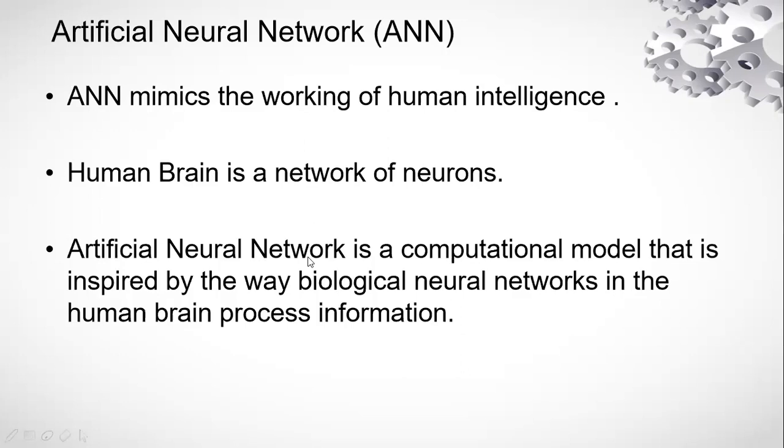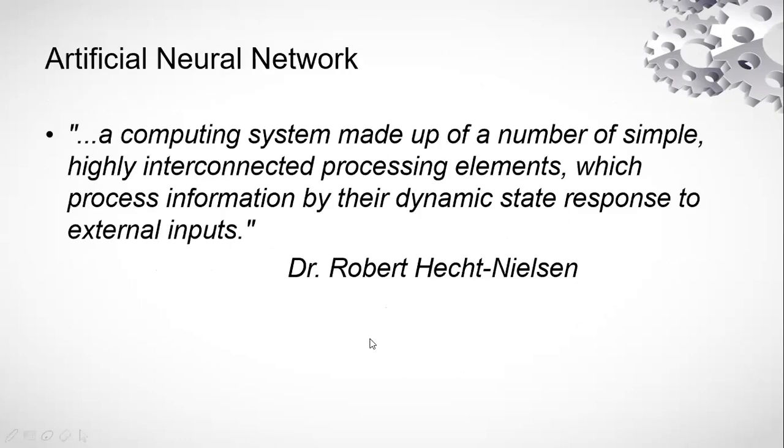An artificial neuron is a computational model which is inspired by biological neural networks. When I say biological neural network, it is considered to be the human brain, because these are the neurons which are highly interconnected, forming the network and forming the brain. In this process of the human brain, information is being processed.